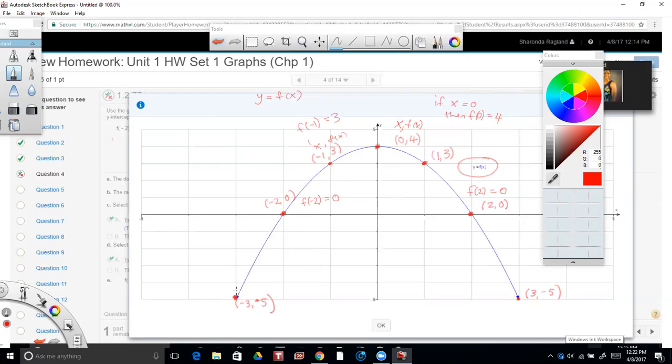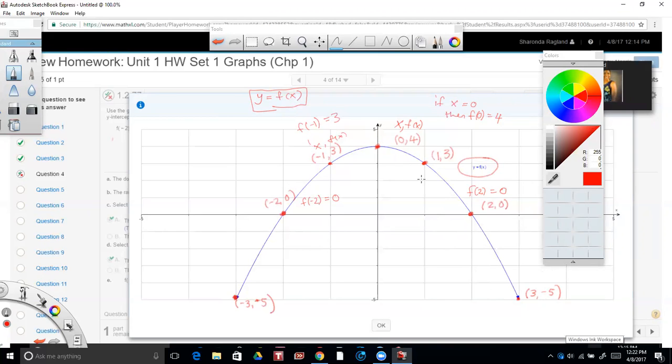Here, moving down, if we say find f of -3, f of -3 would be equal to -5. That's just saying when x is -3, the y value is equal to -5. And when x is 3 here, the y value is also -5. So that's how you read a function.